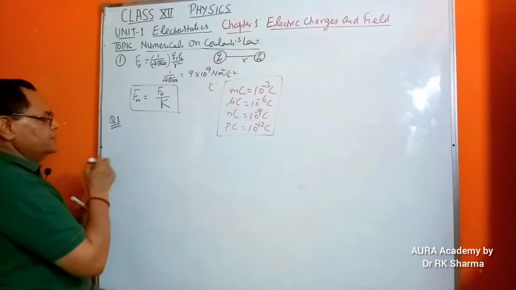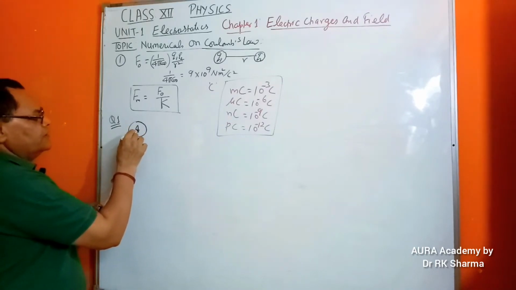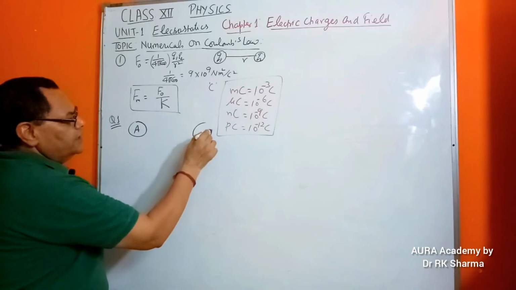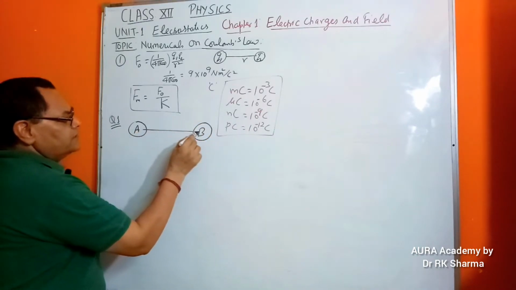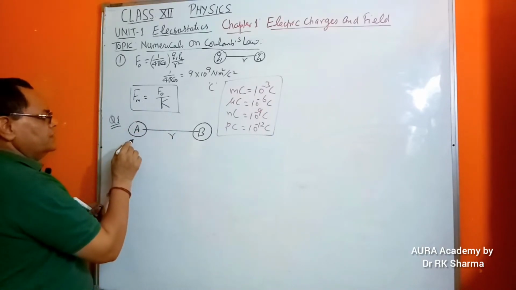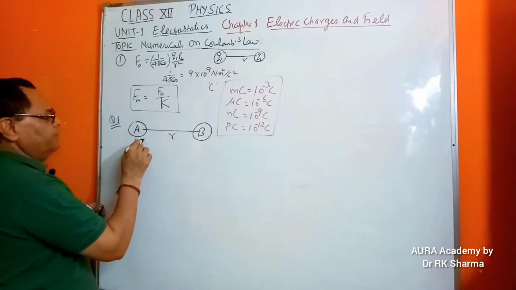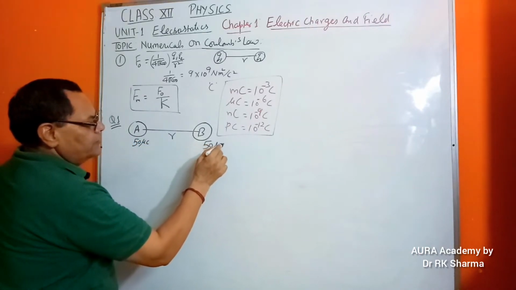The first question says there are two identical spheres. Suppose sphere A and another sphere B are separated by a certain distance R. Suppose the charge on this is 50 microcoulomb, and the charge on this is also 50 microcoulomb.